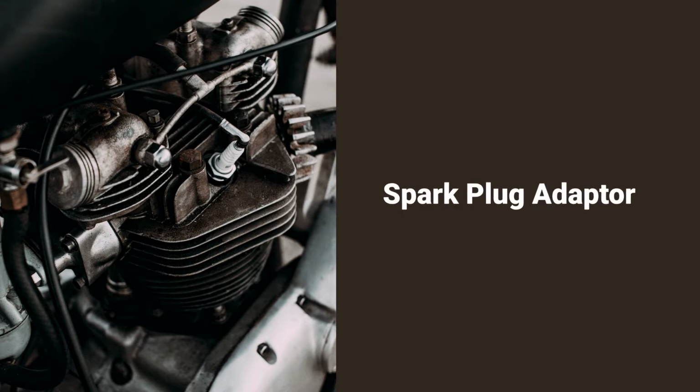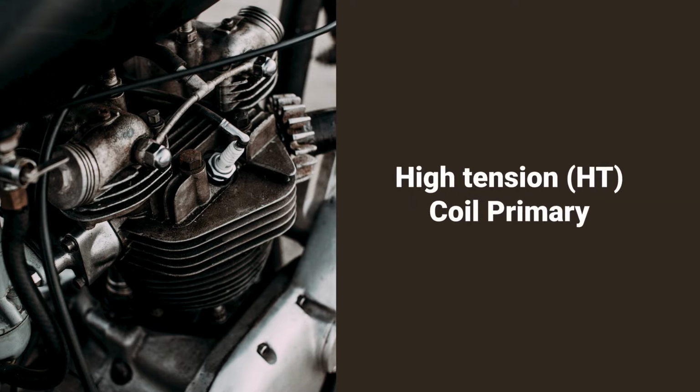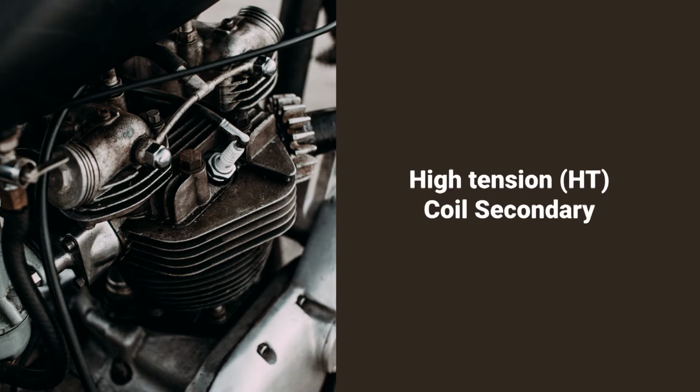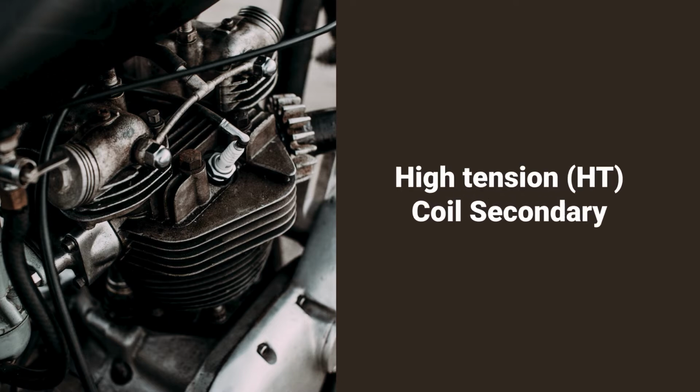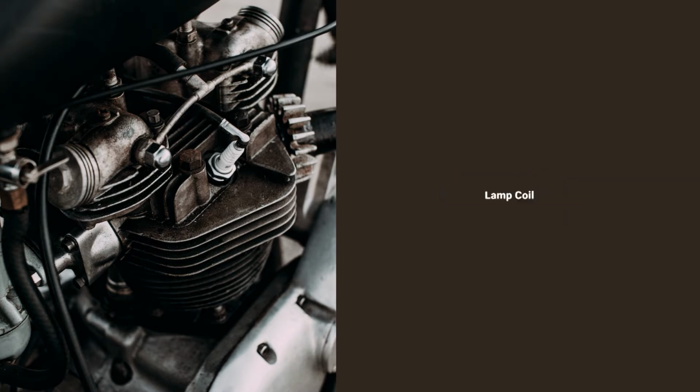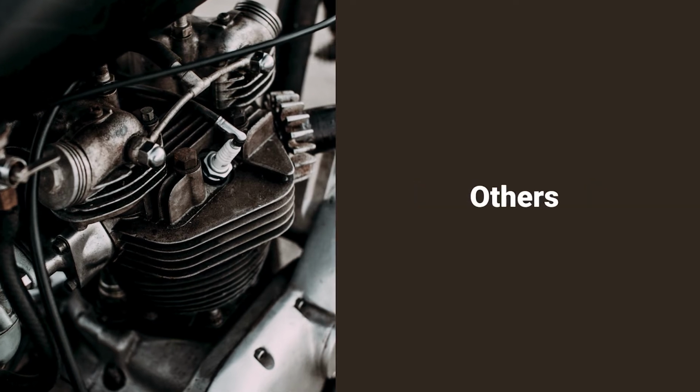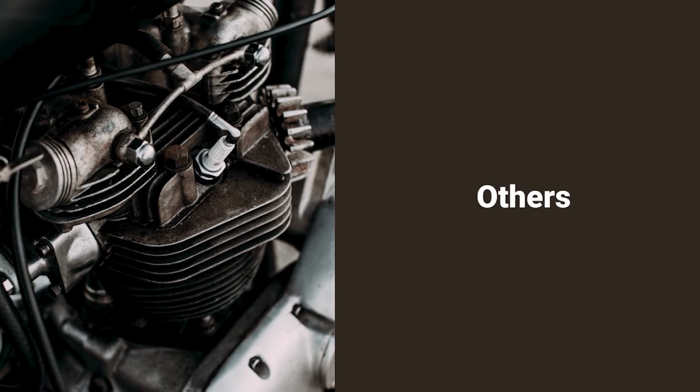Spark plug adapter, high tension coil primary and high tension coil secondary, pulsar coil, lamp coil, ignition, and several others which I have not discussed here, that can come in the later stage.